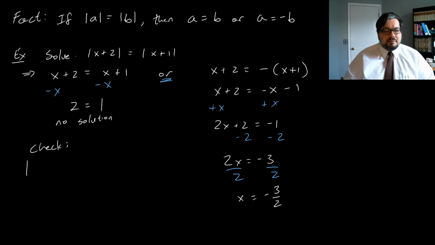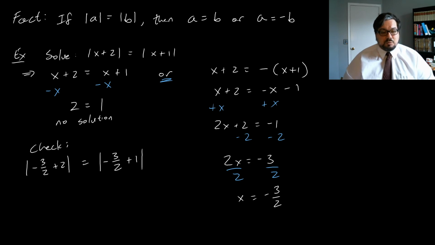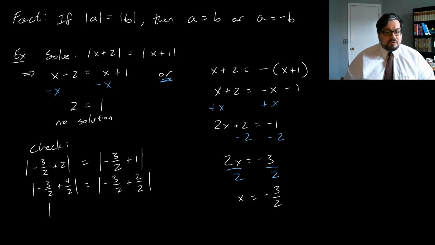If we put negative 3/2 plus 2, and we want to claim that that's equal to negative 3/2 plus 1, well, let's work out what this equation says. So negative 3/2 plus 2, that's negative 3/2 plus 4/2, and then negative 3/2 plus 1 is negative 3/2 plus 2/2. So on the left here, we get negative 3 over 2 plus 4 over 2 is 1 over 2.